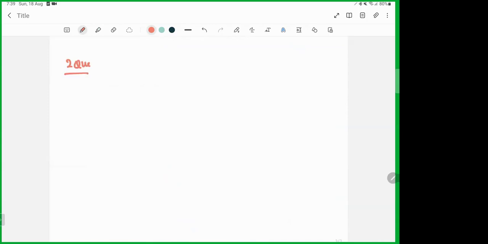We want to determine the number of five-tuples S1, S2, S3, S4, S5 such that, not a condition on the union, but the condition that S1 is contained in S2, is contained in S3, is contained in S4, is contained in S5.